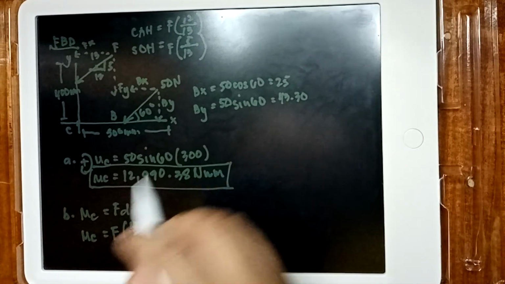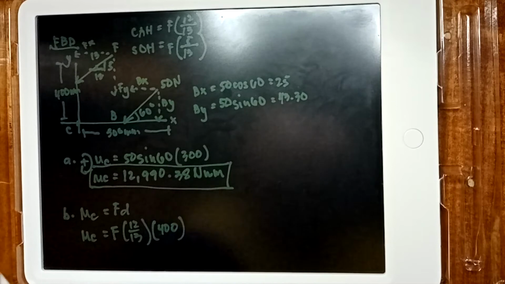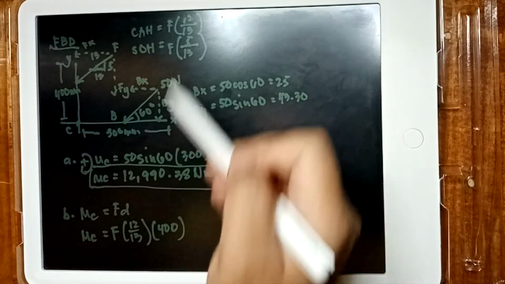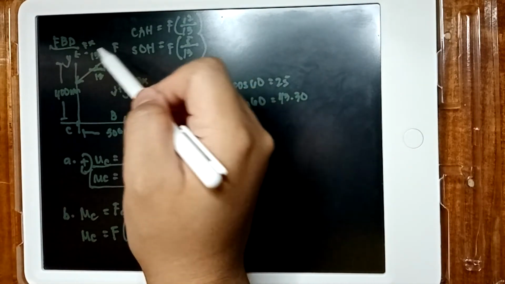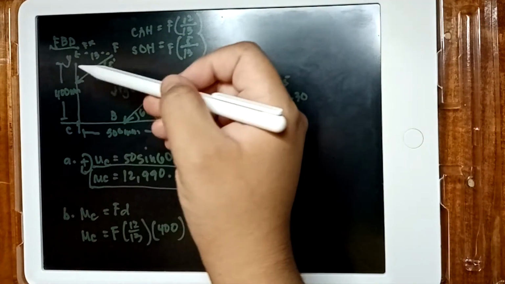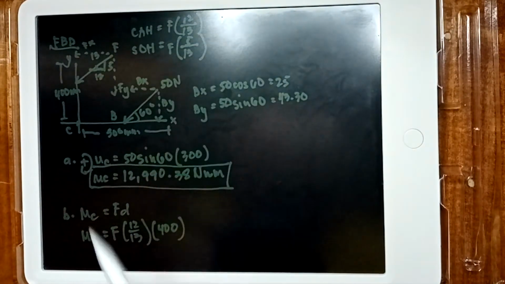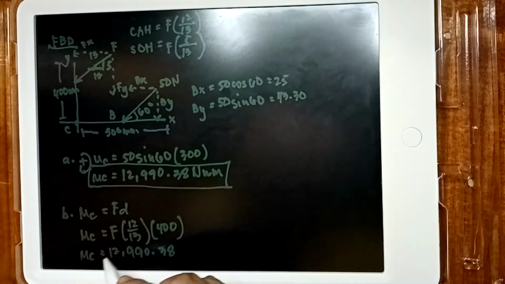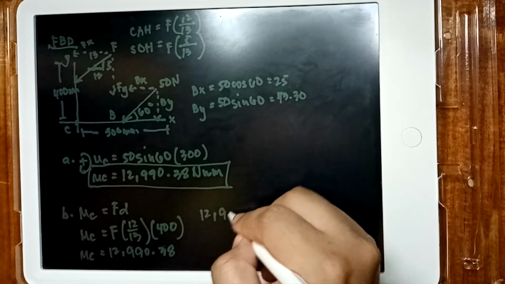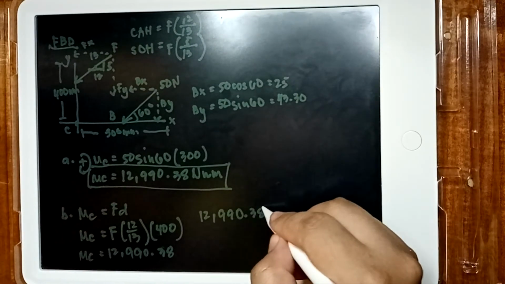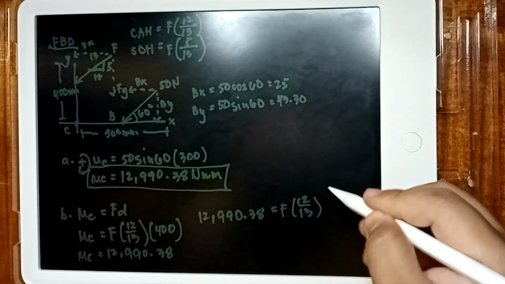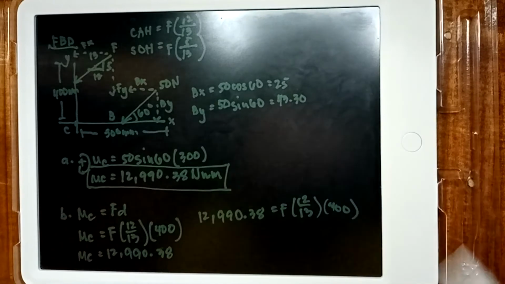So, MC or moment at C is equal to force times ito yung ating nakuha kanina sa ating force Fx and then times or multiply by 400 which is our distance. So that would equal to, so i-plug in lang natin 12,990.38 12/13 times 400.